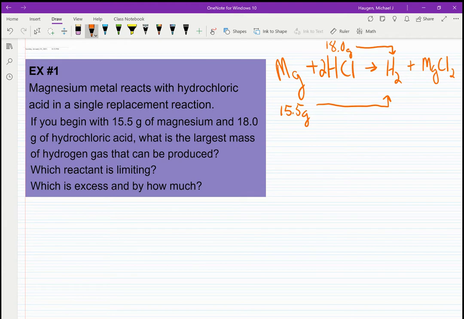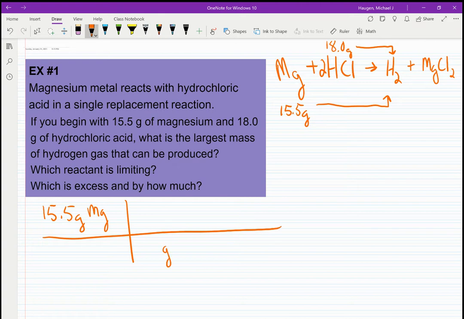Limiting reactant problems mean I just do two stoichiometry problems. So in this case, I have 15.5 grams is what I start with. And remember, I always use my units and my labels of magnesium. I'm going to draw my train tracks. Automatically drop down grams of magnesium here.